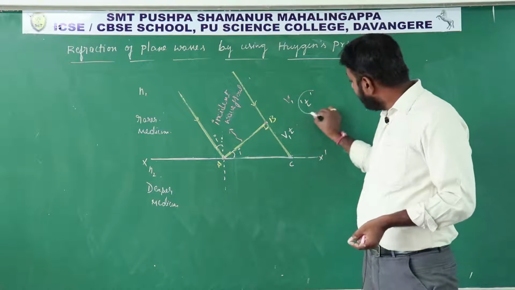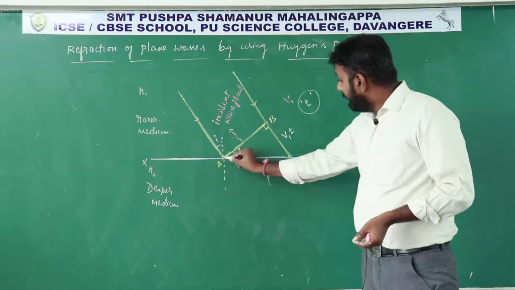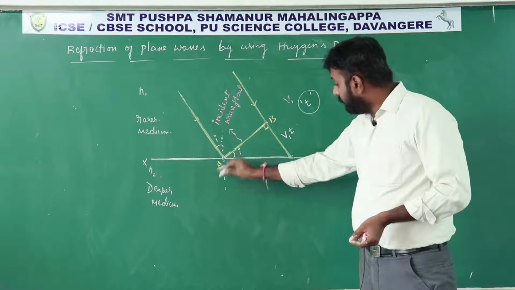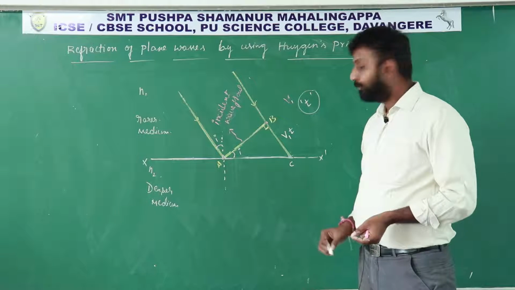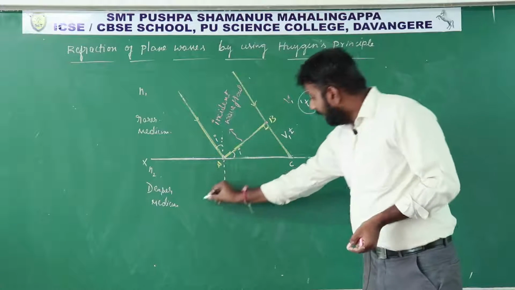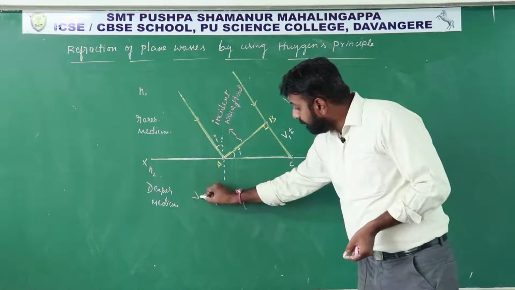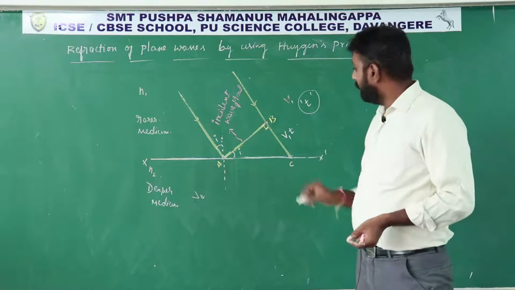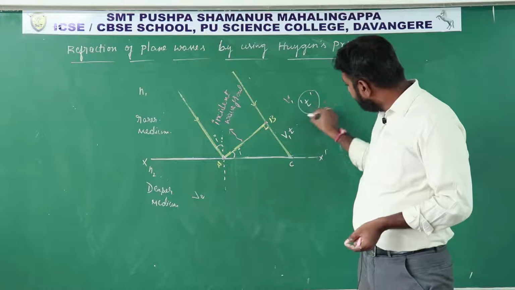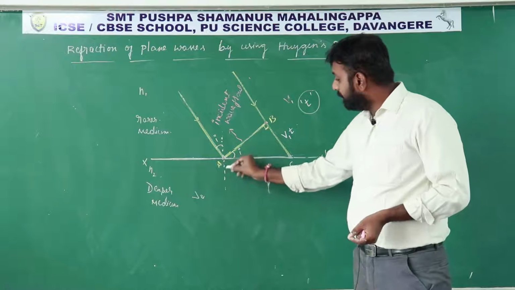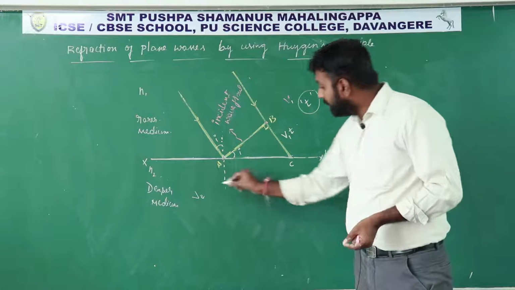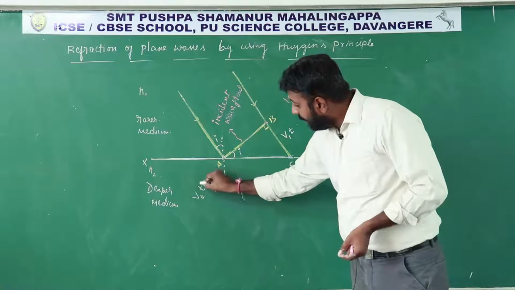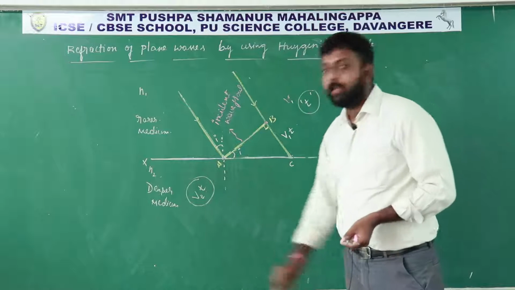In the same time t, the disturbance has to travel in the second medium. Okay, then the speed of light in the second medium is v2. So in the same time t, the disturbance enters the second medium. Then how much distance will it travel? v2t distance it will travel.